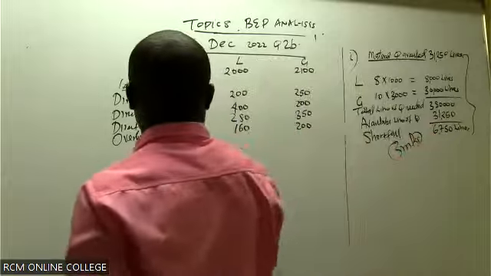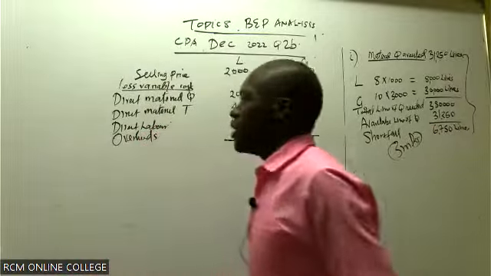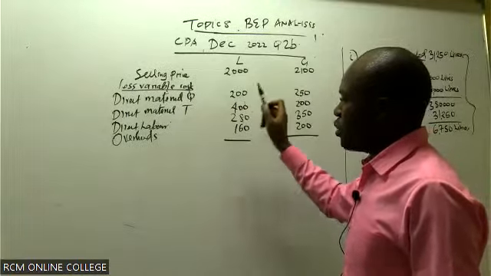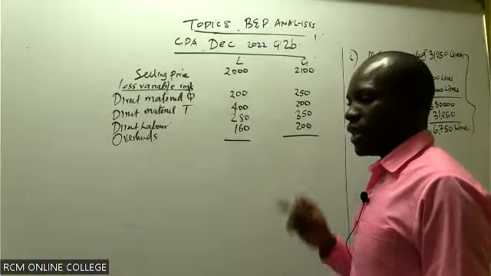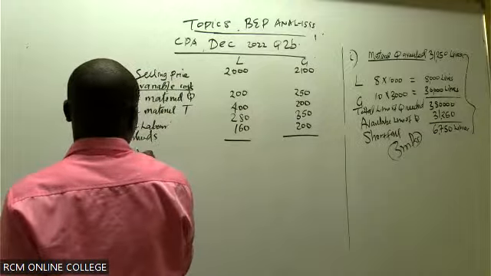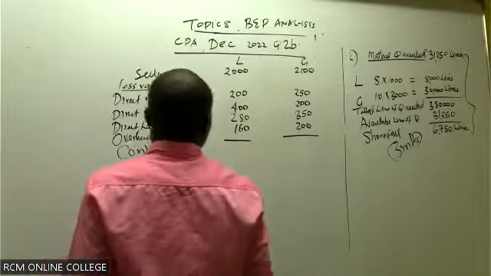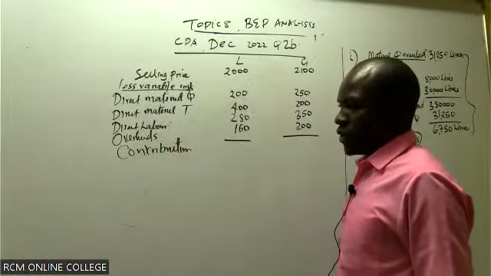Just by remembering this, topic number 8 is application of marginal costing. So anytime you take fixed cost to be part of product cost, know that you are making a mistake. Leave that procedure. So let's now get contribution. Selling price minus all variable costs.